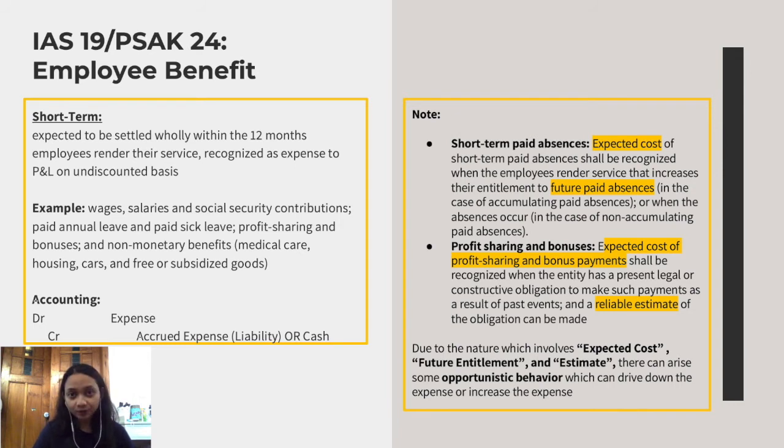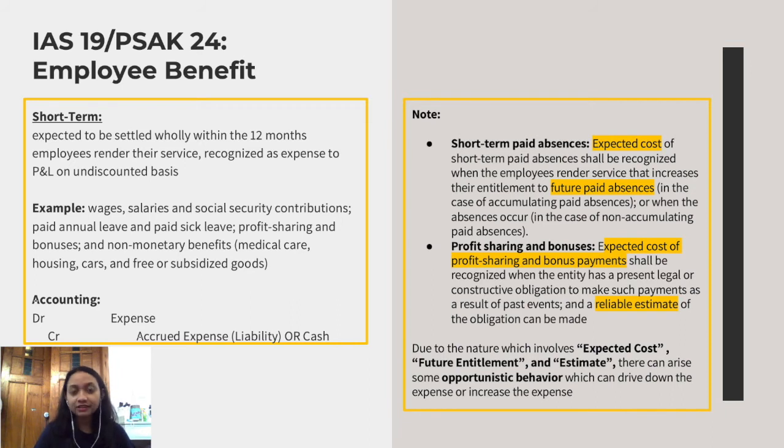An important note, however, is the nature and definition of short-term paid absences and also profit sharing and bonuses. In the case of accumulating paid absences, the expected cost of short-term paid absences must be recognized when the employees render the service that increases their entitlement to future paid absences.